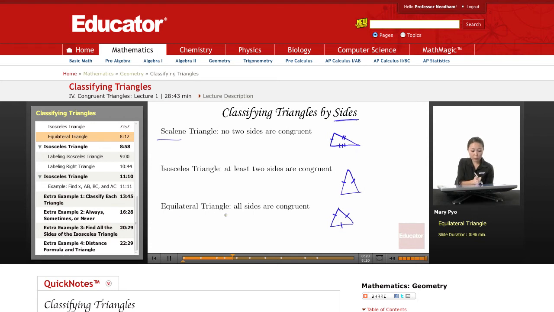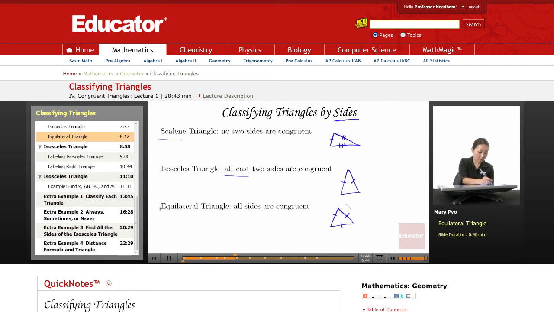So an equilateral triangle will be considered an isosceles triangle because isosceles, anytime you have at least, meaning 2 or 3 sides being congruent, then it's considered isosceles. But this is a more specific name if all 3 are congruent. Okay, so you would call this an equilateral triangle, but it's also considered an isosceles triangle.